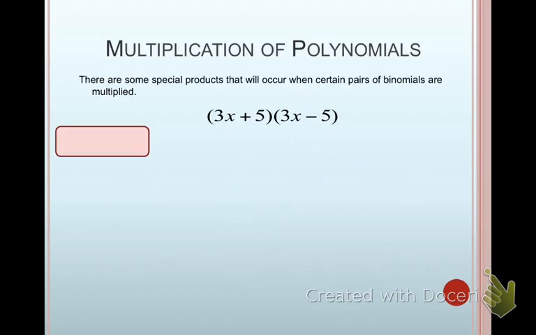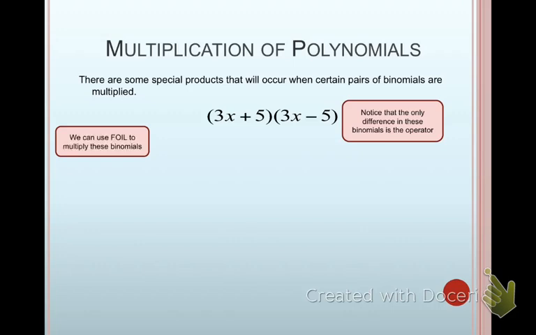Alright, the next couple slides we're going to look at are some special cases of multiplying polynomials. Notice that when you look at 3x plus 5 times 3x minus 5, the only difference in these two binomials is their operator. That means that one has addition and one has subtraction. Now, we can technically go through these using FOIL, just like we did in the previous example, and we would get 9x squared minus 15x plus 15x minus 25, using first, outer, inner, last.